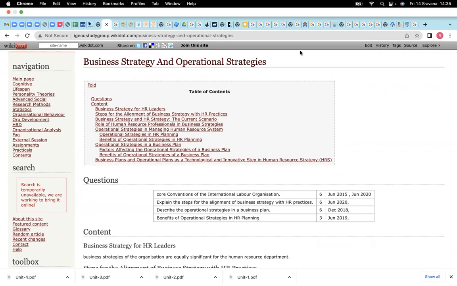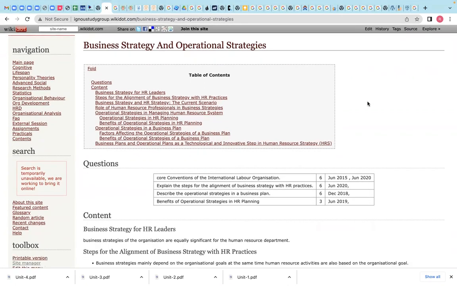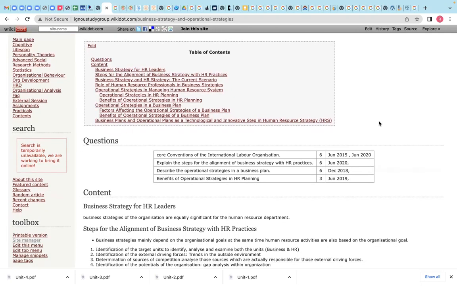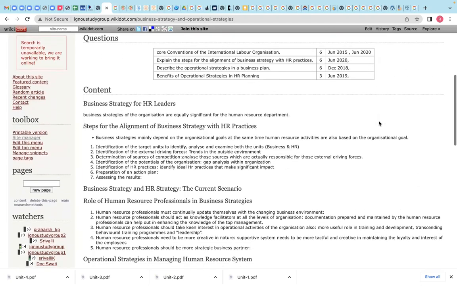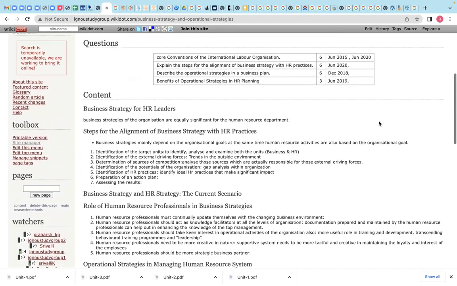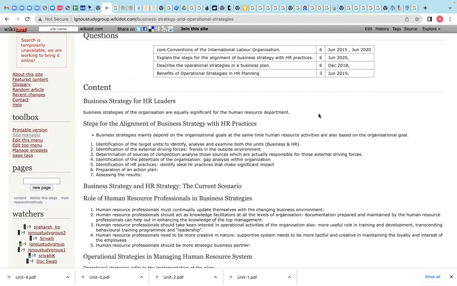In fact, this is a repetition which is already covered in some of the units in Block 1. Then it goes into the operational strategies of the human resource system. This operational one is something which is new here, but otherwise the alignment of business strategy is a repetition that we are going to go through.